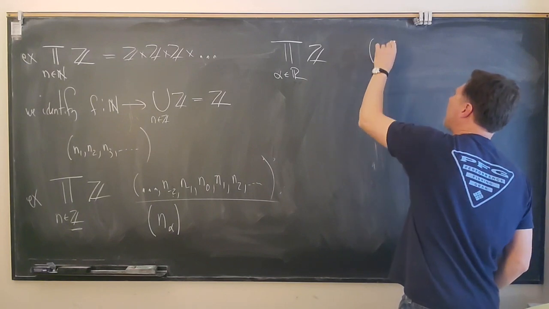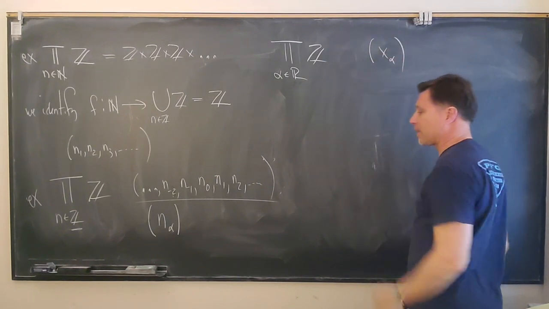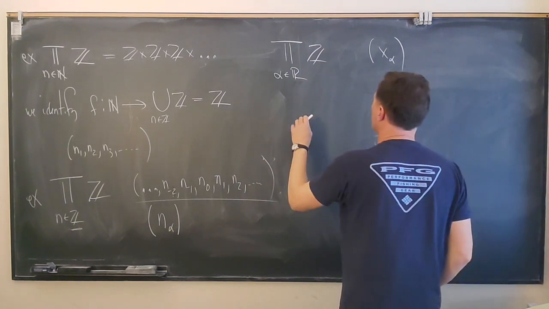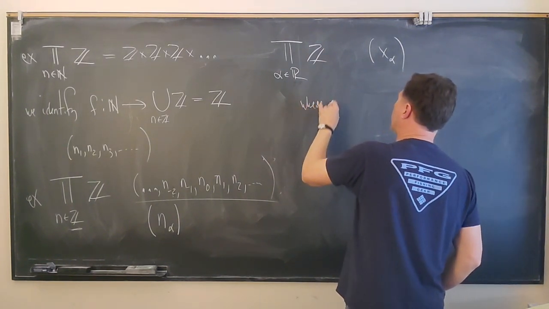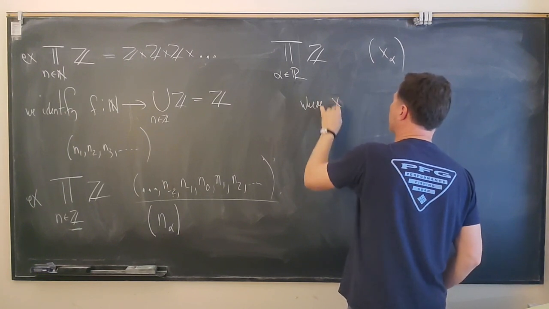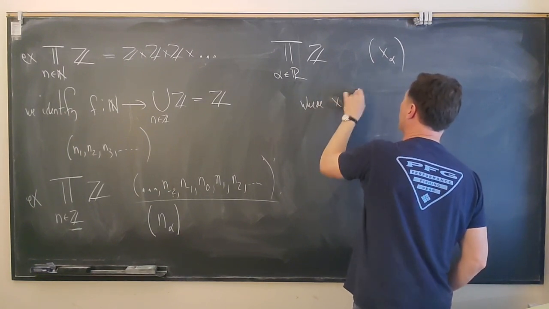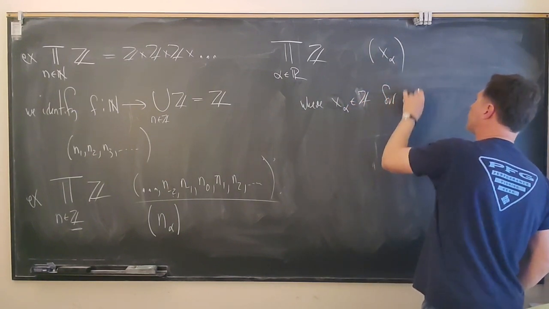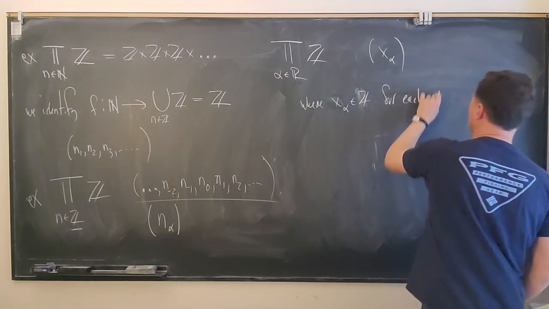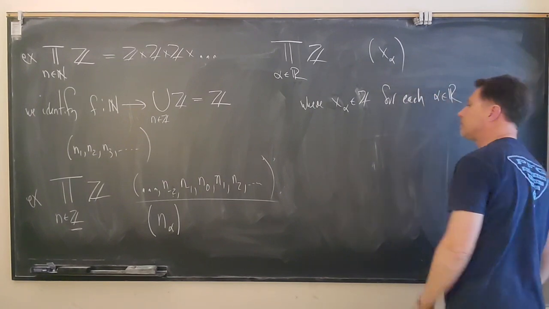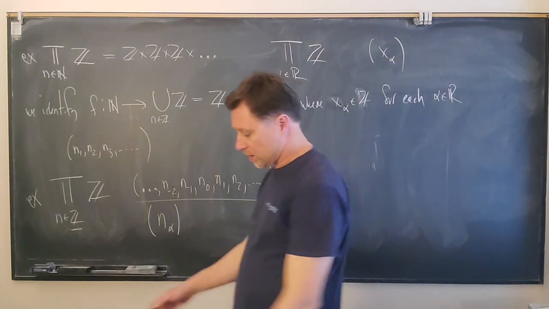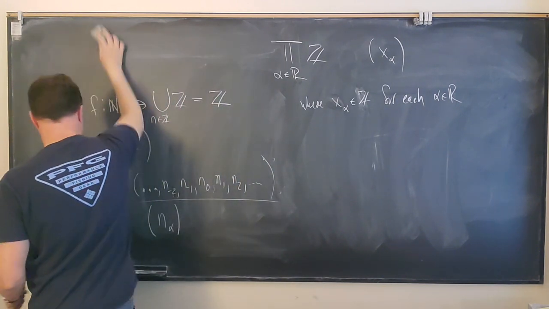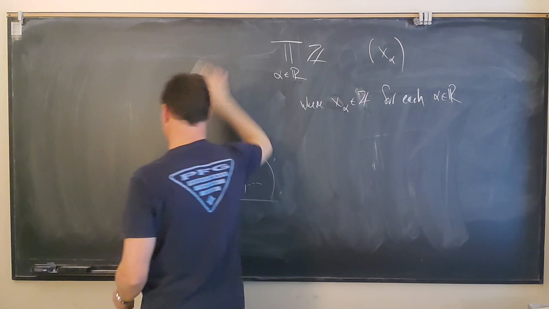We can identify the element by writing an x sub alpha, where x sub alpha is an element of Z for each alpha in R. So anyways, that's the idea behind a Cartesian product. Well, that's the definition of Cartesian product.